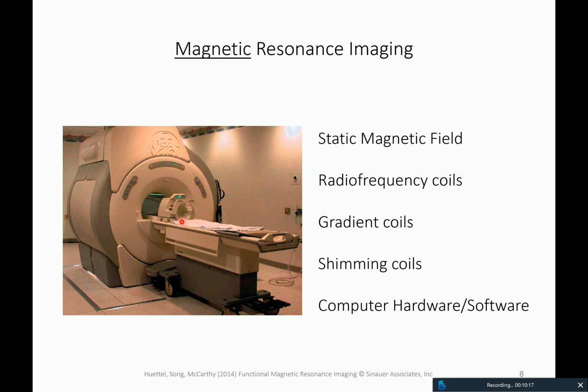Gradient coils establish certain spatial variations of the magnetic field at given time points, which are necessary for the imaging process. Shimming coils contribute to having a very homogeneous static magnetic field where any gradients are not random but are fully specified. And then of course this kind of machine is accompanied by a lot of computer hardware and software. So this here is a GE scanner.